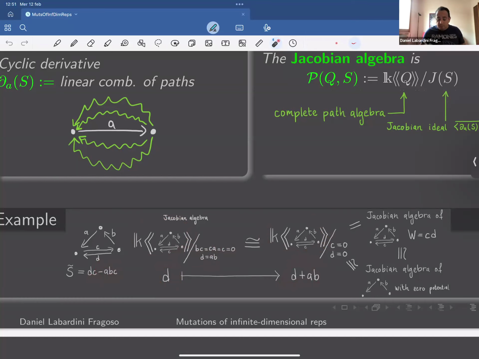This defines an automorphism of the complete path algebra, and also induces an isomorphism of Jacobian algebras.